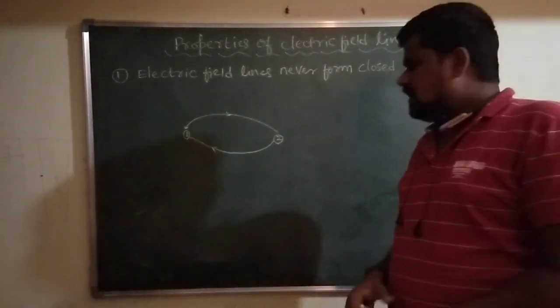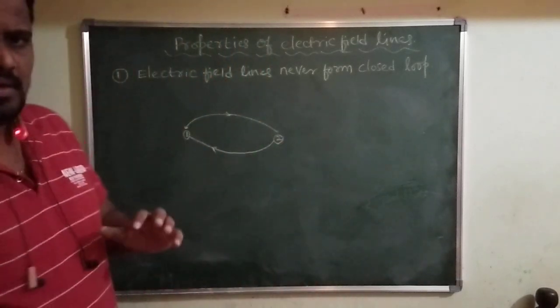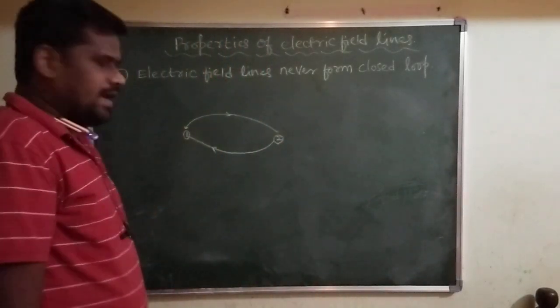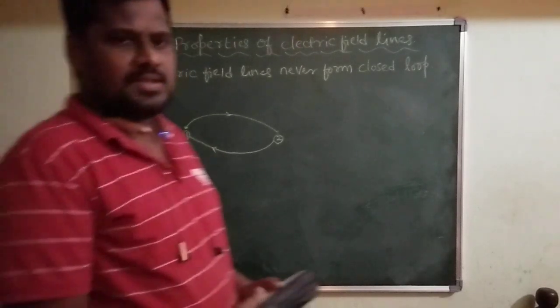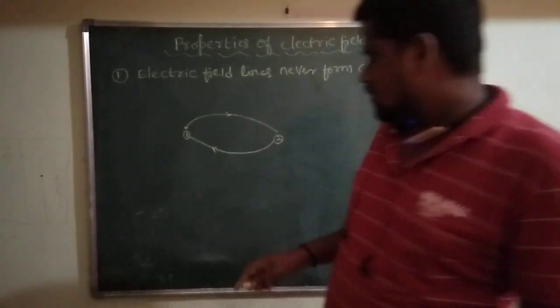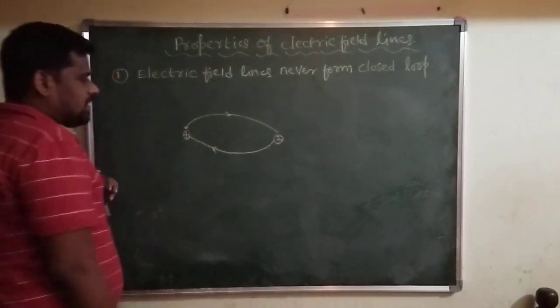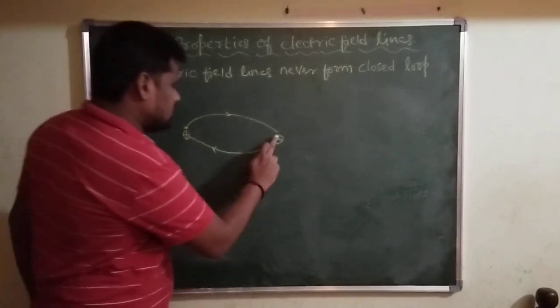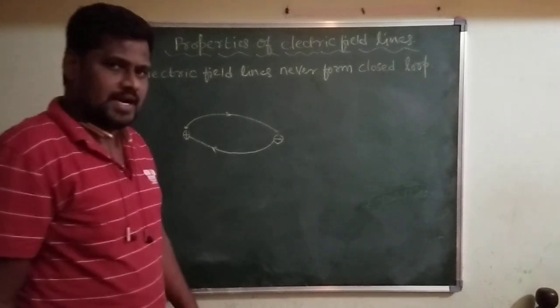But if you consider electric field lines, they start from positive charge and they end with negative charge. So if the first charge is positive, the electric field line starts from positive charge and generally ends with what? Negative charge.